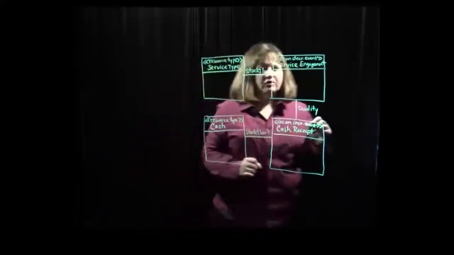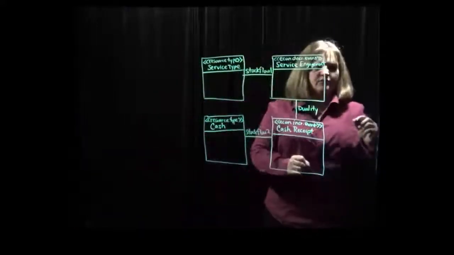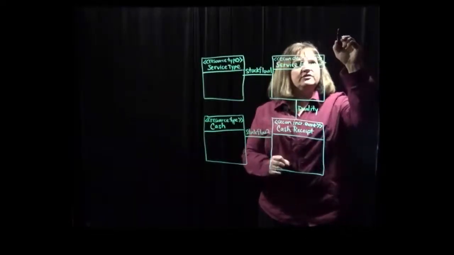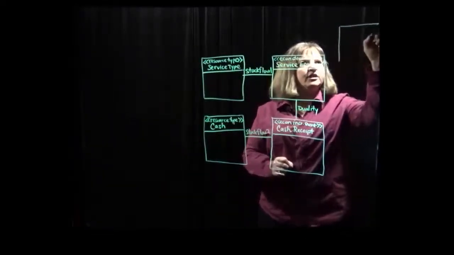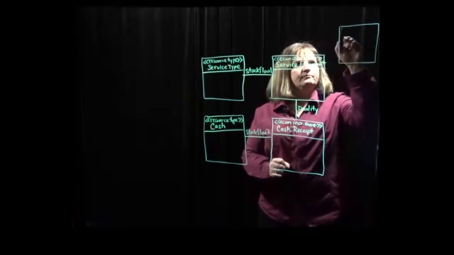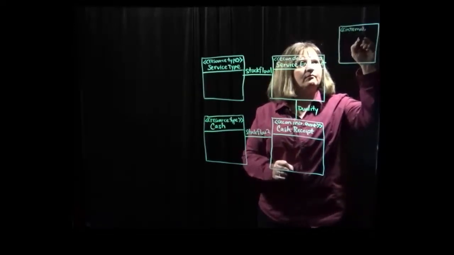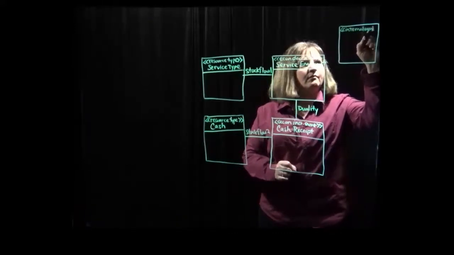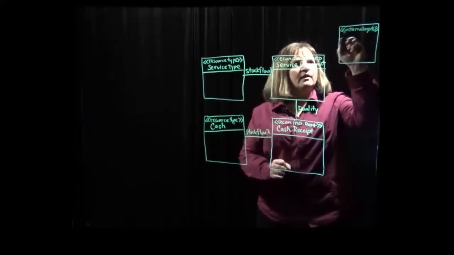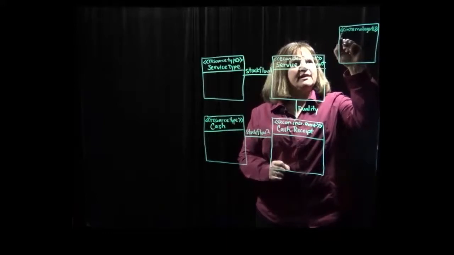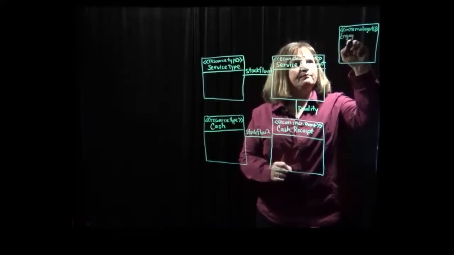Next, we look for the internal and external agents associated with our events. And so for the service engagement, we're going to look for an internal agent. And for this one, it will be the engagement employees.